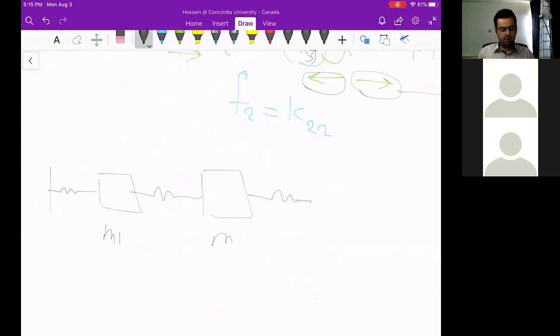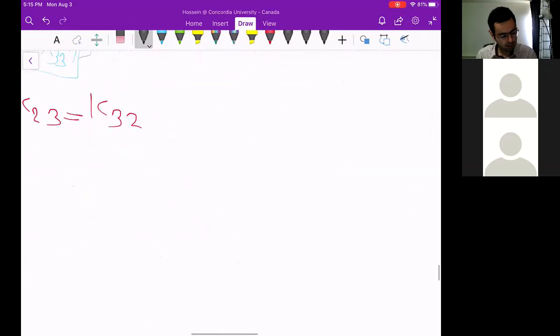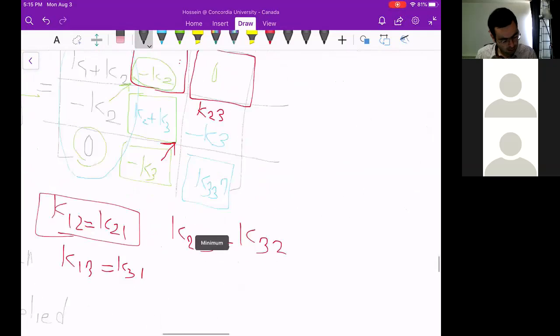Exactly, yes. If I displace the mass 3 to the right, K3 and K4 will oppose the motion. So you will write K3 plus K4, and there should be a minus K3 in order to neutralize the displacement of M2. So exactly, yes. You're right.